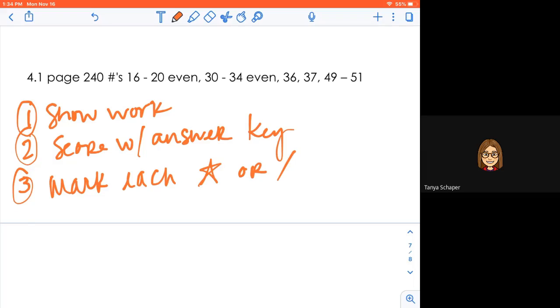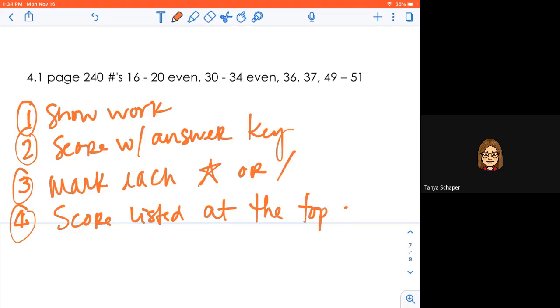And then at the top of each page, I need to see your score. So your score needs to be listed at the top of each page. You list it 6 out of 7 or 9 out of 12, something like that, whatever your score is, okay?